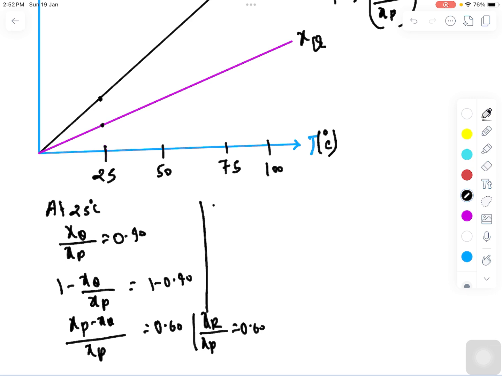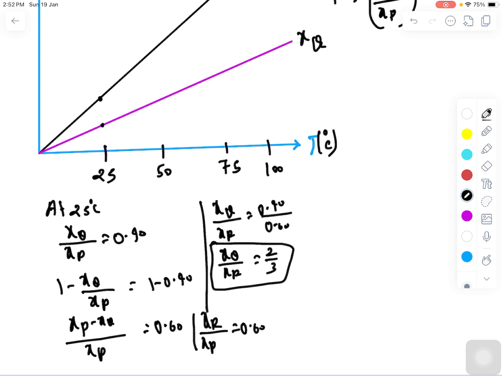So at 25 degrees centigrade, XQ divided by XR is 0.40 divided by 0.60, so XQ by XR is 2 by 3. Just try to understand one more thing here. Assume this length is Z, let's say Z1. At this point, at 25 degrees centigrade, this one will be your XQ, and from here to here will be your XR.